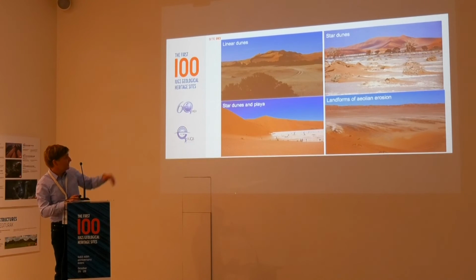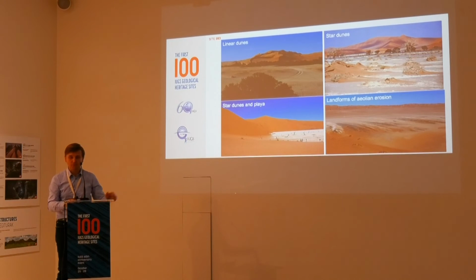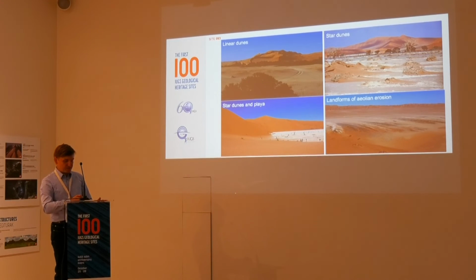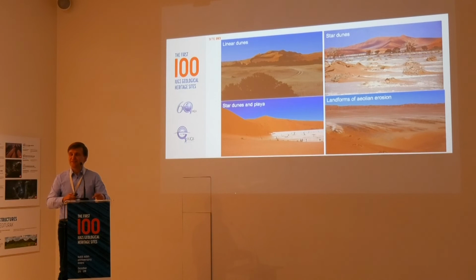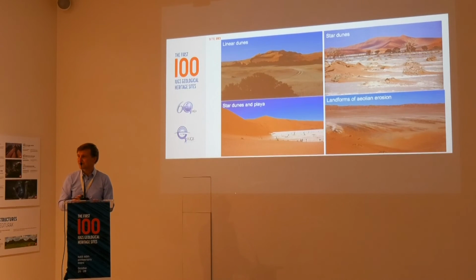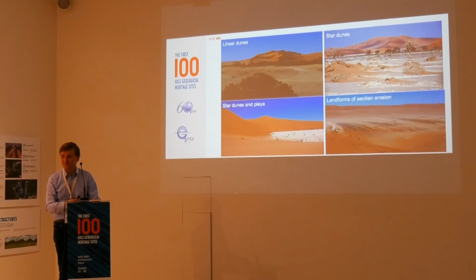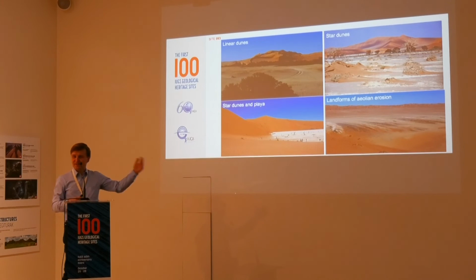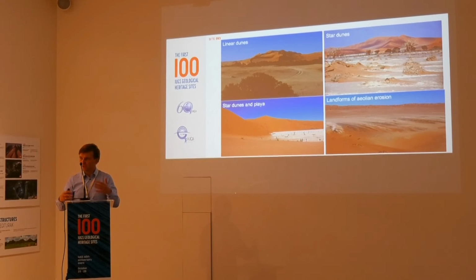So you can have a snapshot of these different types. The Namib Sand Sea, in between the linear dunes, also has very minor yardangs, so you can compare with what you have just seen from Iran. As such, they are not very spectacular, but they add to the diversity of the aeolian landforms here.